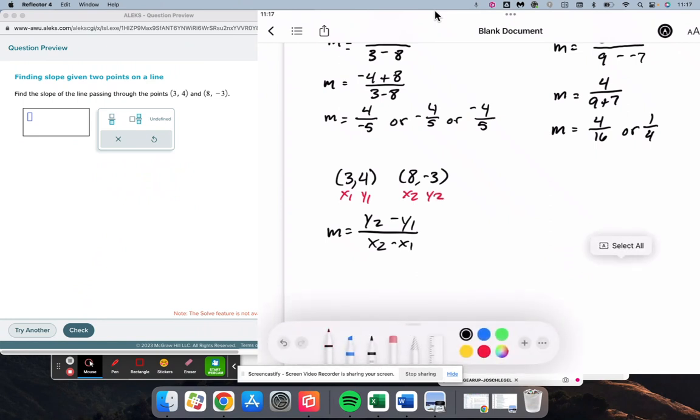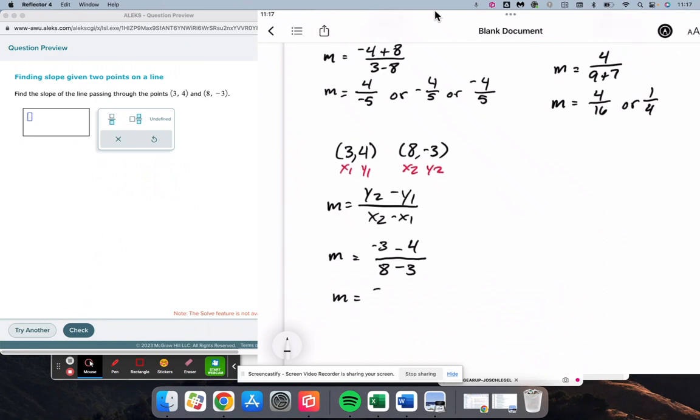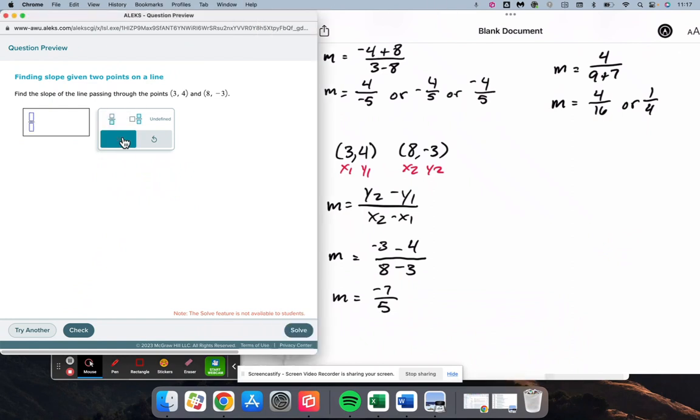So for y2 minus y1, we've got y2, and again, it's very important, put those negative signs in there so you don't forget them accidentally. y2 minus y1 is negative 3 minus 4. x2 minus x1 is 8 minus 3. Negative 3 minus 4 is negative 7. 8 minus 3 is 5. Negative 7 over 5. And again, I could put the minus sign in front or in the numerator or in the denominator. It's not going to make a difference.